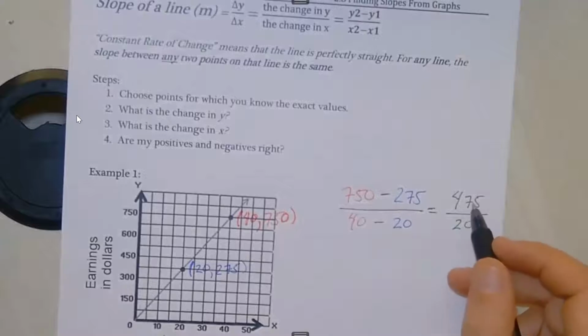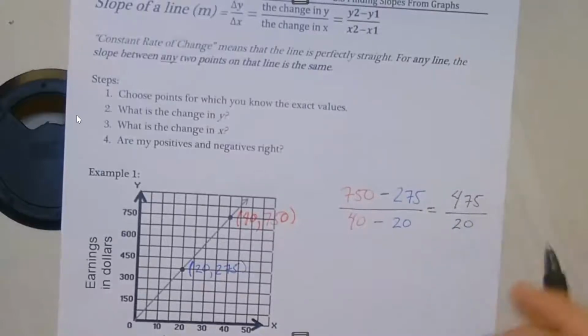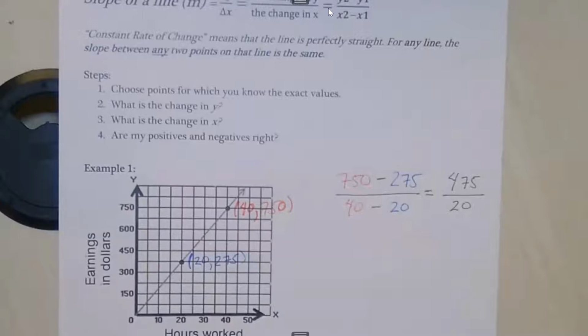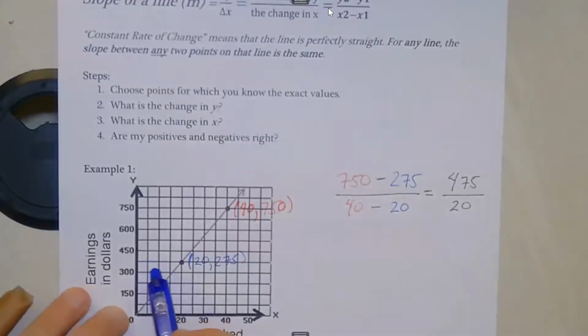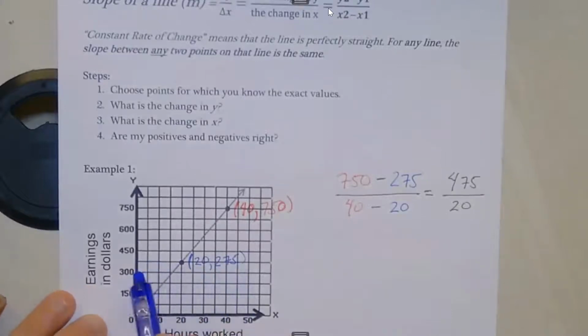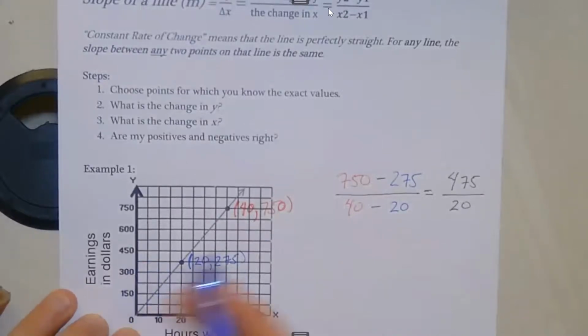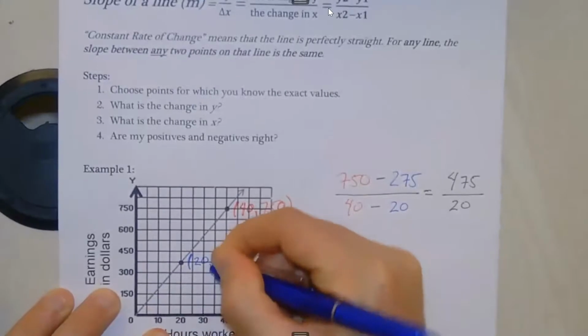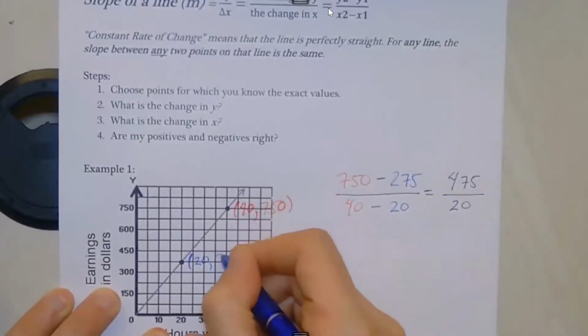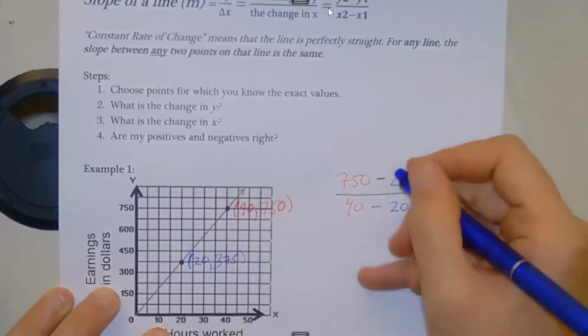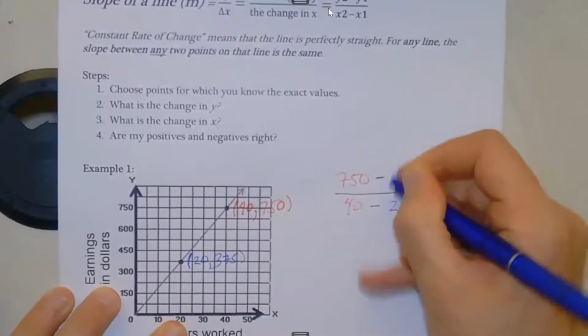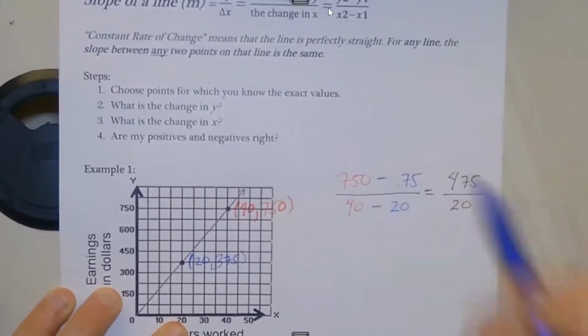So now let's figure out what Natalie is making per hour. I have a quick mistake to fix rather. This y value is not 275. It is 375. Which means my value of y1 is 375.